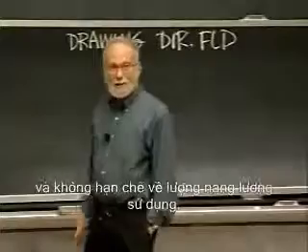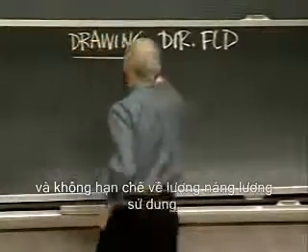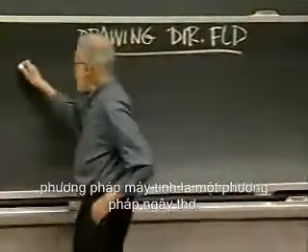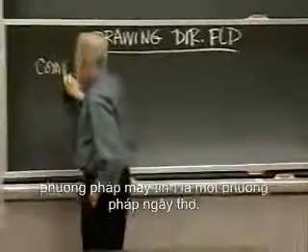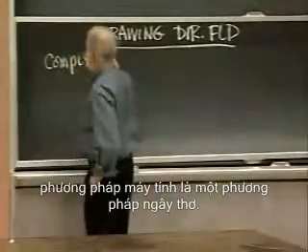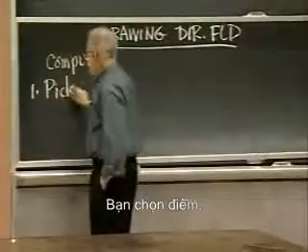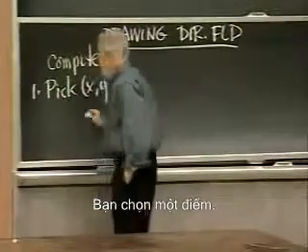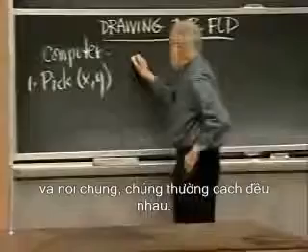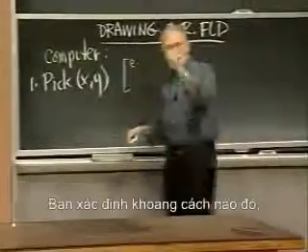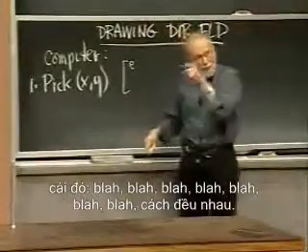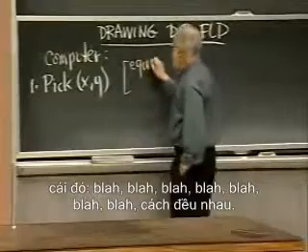Since they go very fast and have unlimited amounts of energy to waste, the computer method is the naive one. You pick a point, and the points are usually equally spaced. You determine some spacing. This point, that one, and so on.